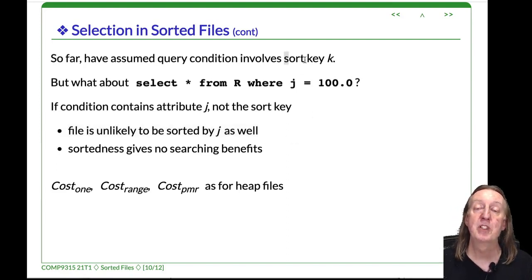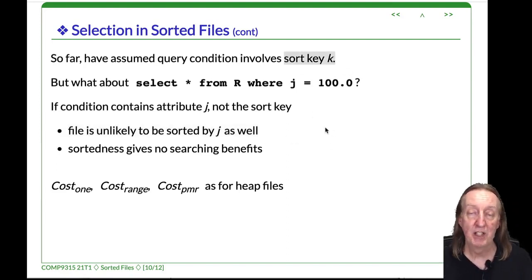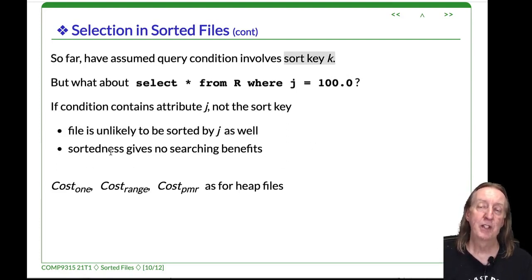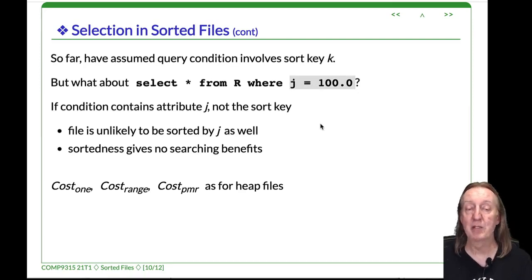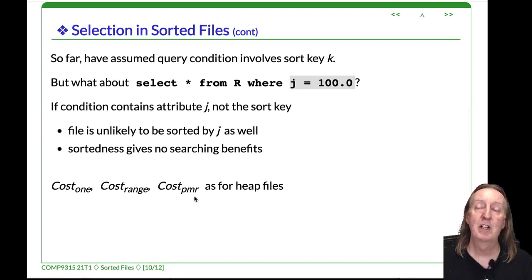So remember that we said the sort key was K, so the file is sorted by K. So in fact, the fact that it's sorted on K doesn't help you at all finding particular values of J. They could be anywhere in the file. So we have to scan the entire file, regardless of the type of query that we're dealing with.